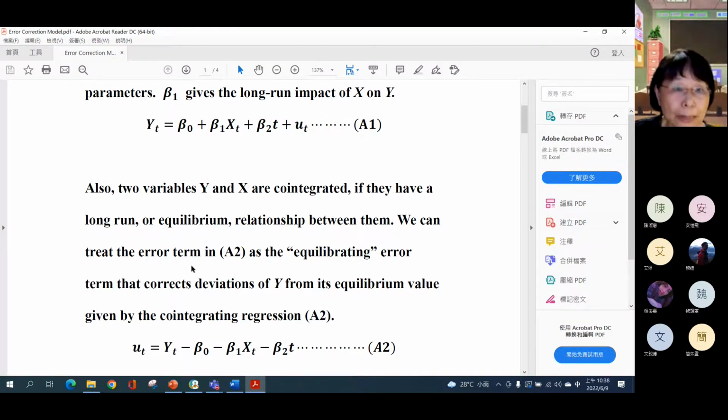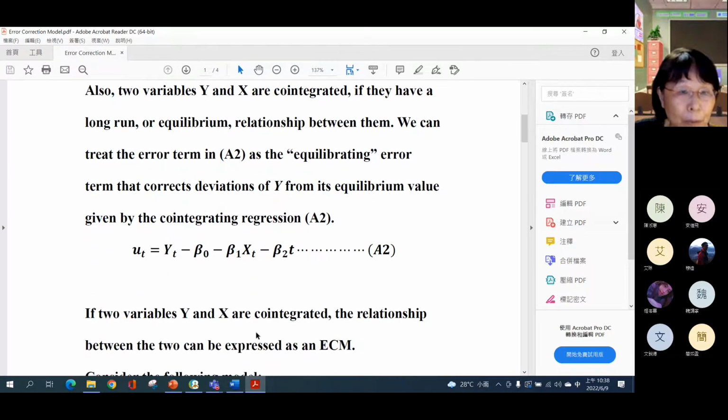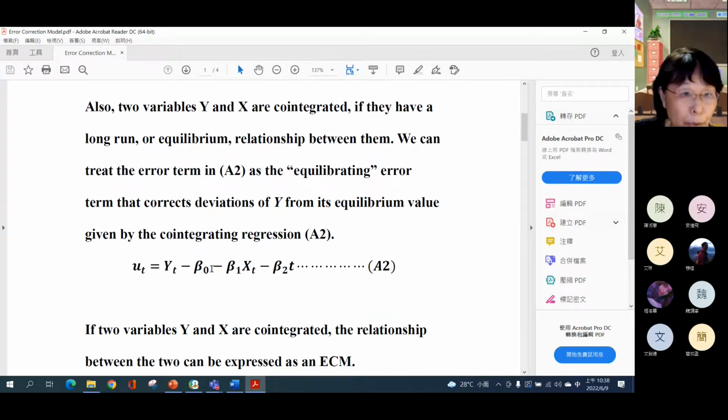And we can treat the error terms in equation A2, which is really the residual from A1, as the equilibrating error terms. What does that mean? It corrects the deviation of y from its equilibrium value given by the co-integrating regression. I will use examples later on to explain this.